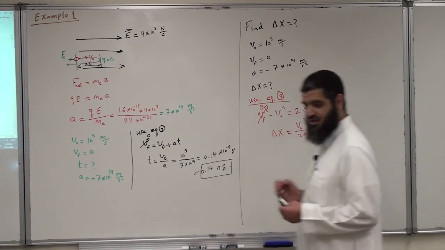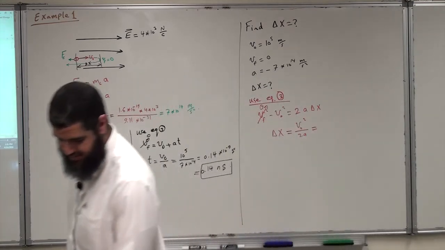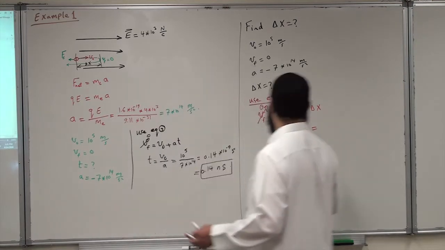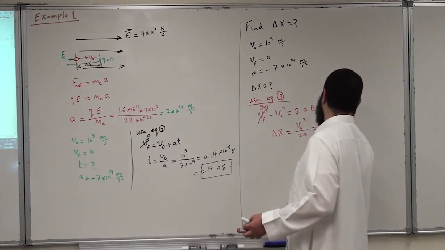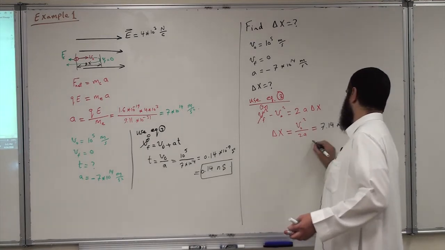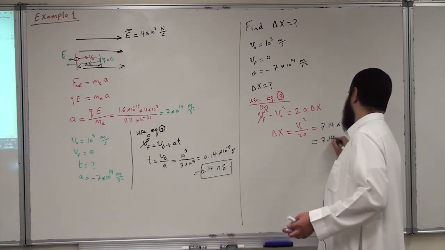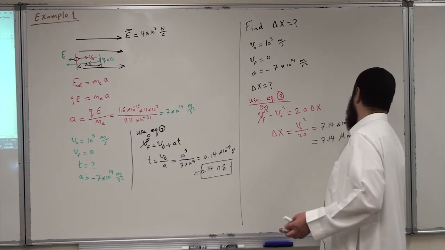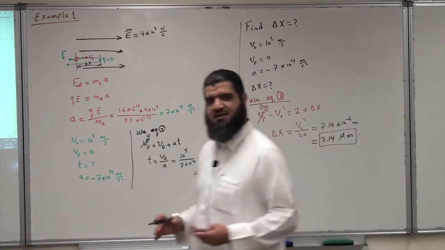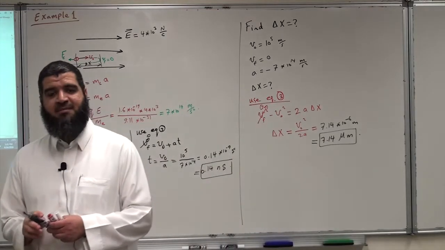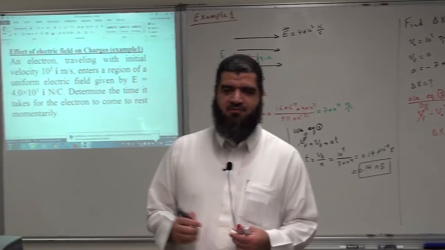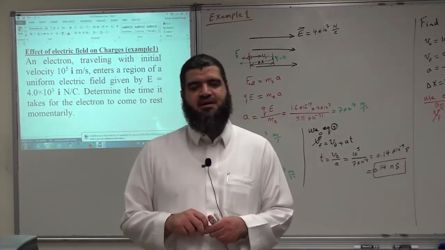If you do the calculations correctly, you will get delta x to be 7.14 times 10 to the minus 6 meter, which is 7.14 micrometer. So I think this question gives us a quick review for kinematics of charged particles in one dimension when it moves in a uniform external electric field.